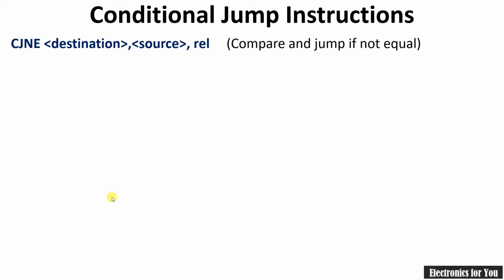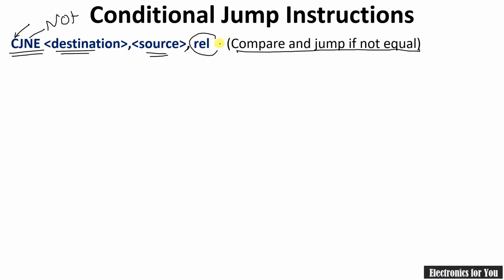Next one is a conditional jump instruction, again a very special instruction, that is CJNE. Here C stands for compare, J stands for jump: compare and jump if not equal. Here we have two bytes, the destination byte and the source byte, followed by the address, because all these are jump instructions.